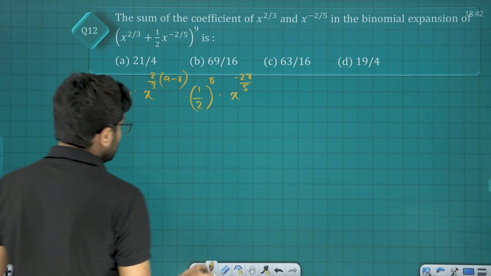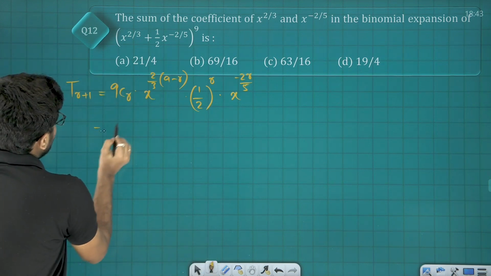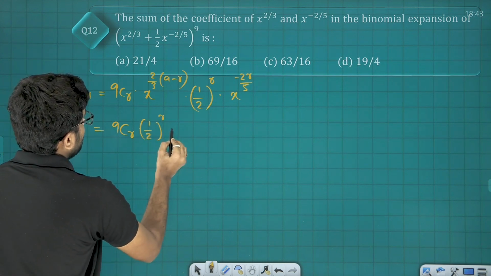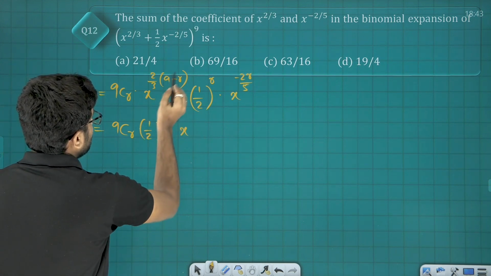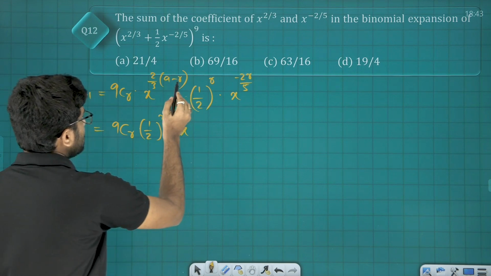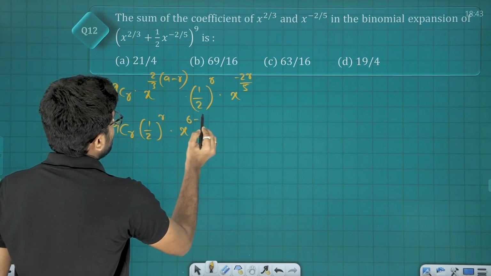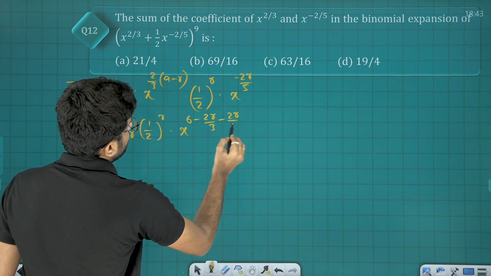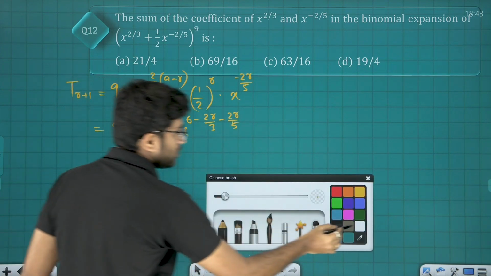Now let's see this. So this is equal to 9CR times 1 by 2 power r, x power (6 minus 2r by 3 minus 2r by 5). So this is the exponent of x.